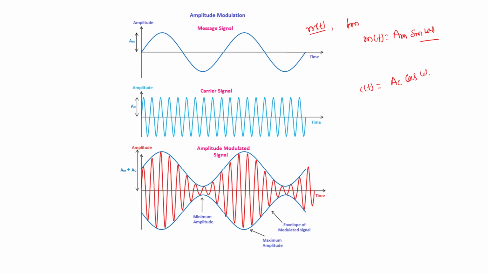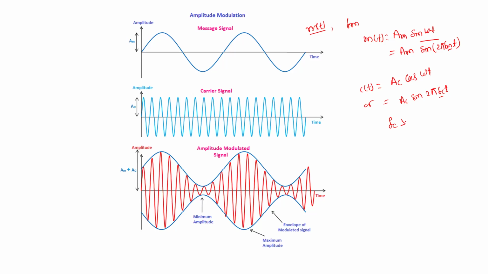Here it is a sine, so we'll write Ac sine, and omega is 2 pi f, so that is 2 pi fc t, C for the carrier signal. Similarly, in the message signal, we have Am sine 2 pi fm t. FM means message signal frequency, FC means carrier signal frequency.